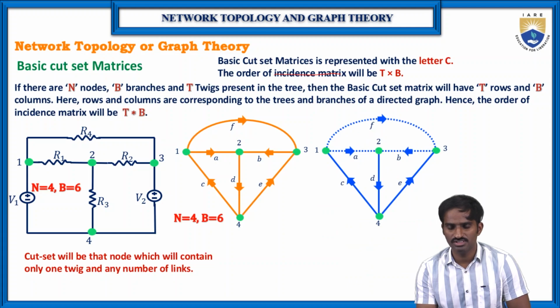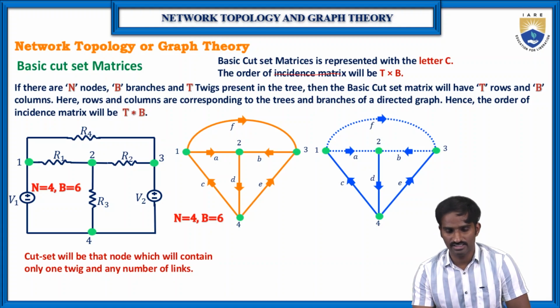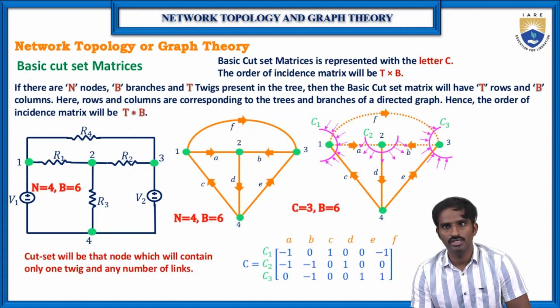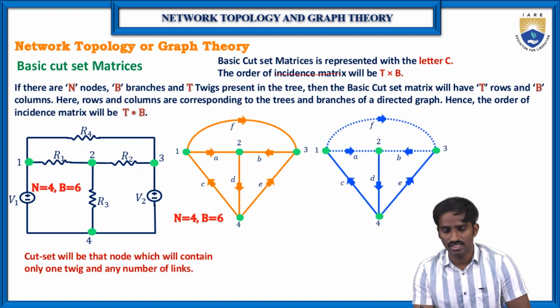So here this is the tree that we have considered, and what are the number of links and the number of twigs present in the tree? 1, 2, 3. Then how to form the cut sets? Here, how many twigs are there?